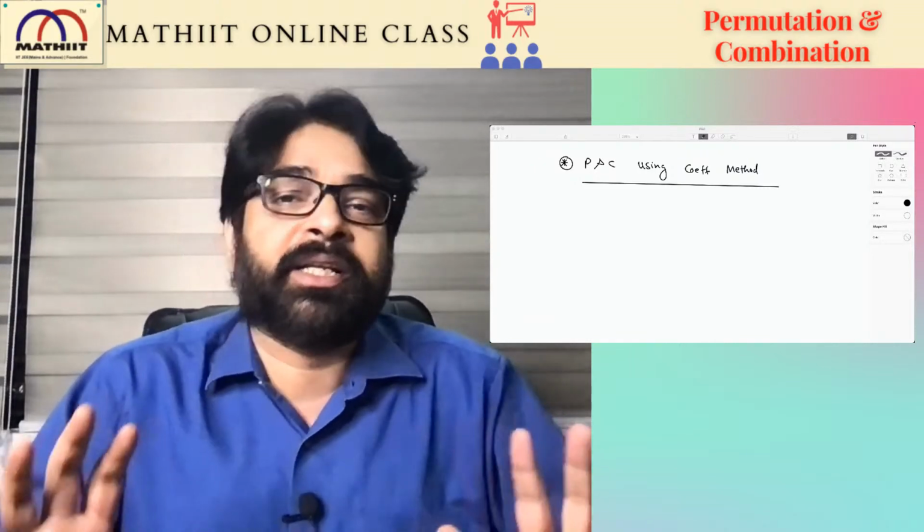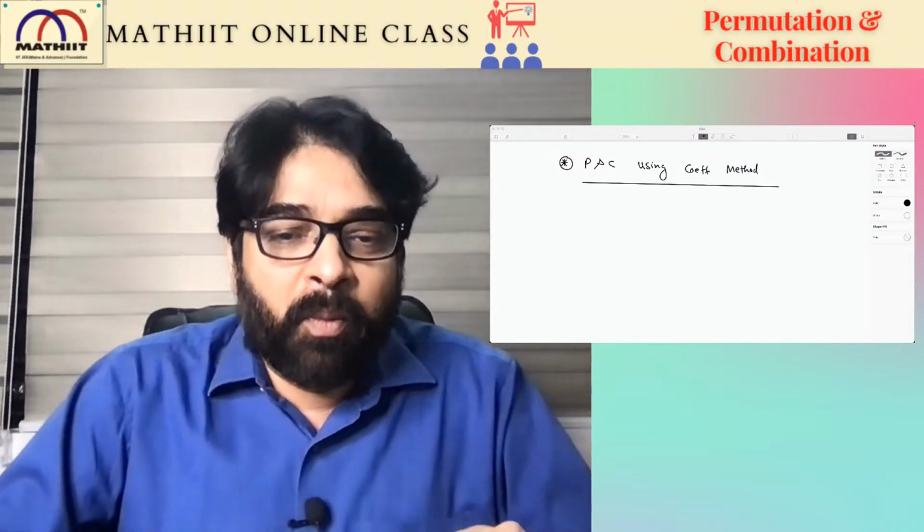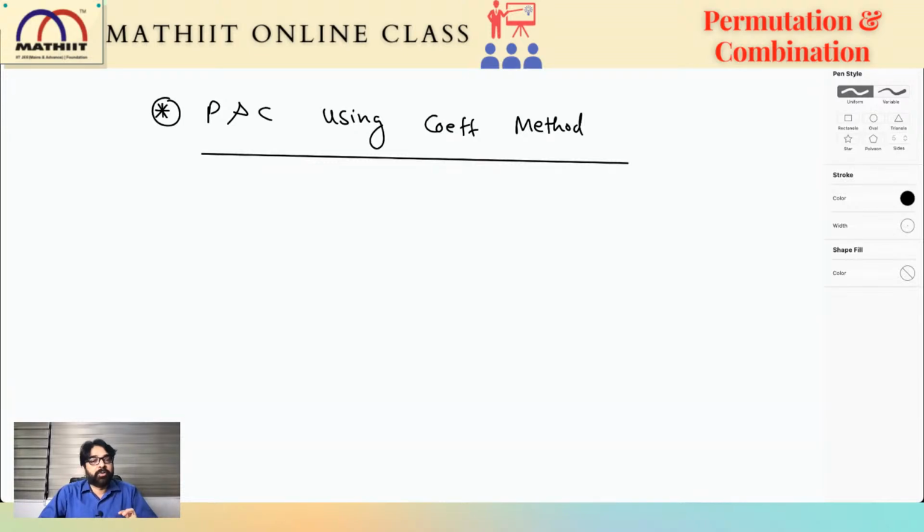Any kind of object it can be applied to. Let's see what exactly it means and how to do it. When I say I want to select R objects out of n different objects.